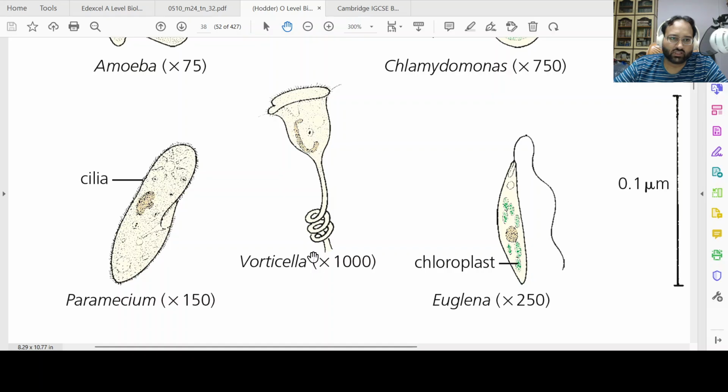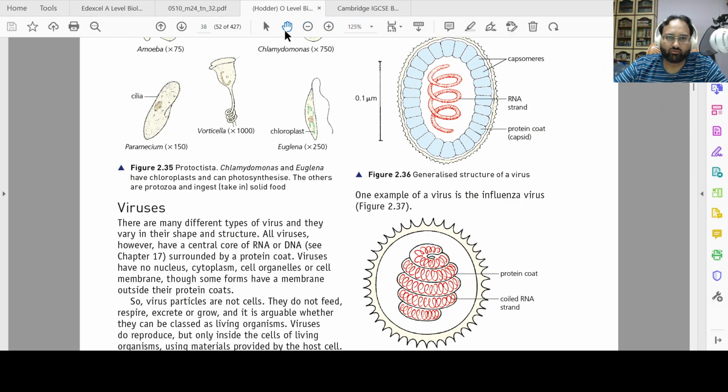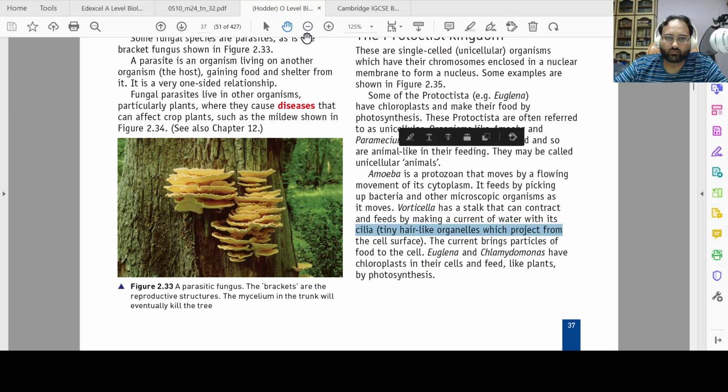So different organisms have different mechanisms of going about. The current brings particles of food to the cell. It's moving and bringing particles of food to the cell.